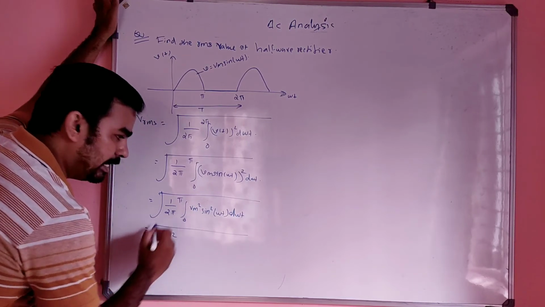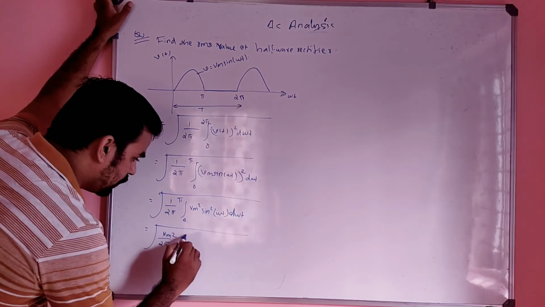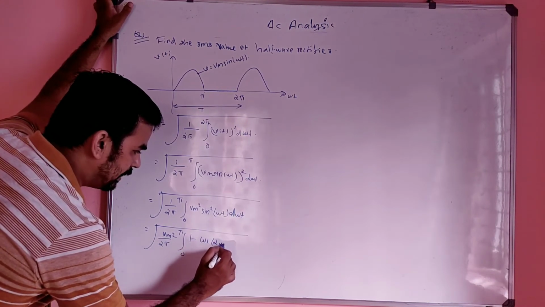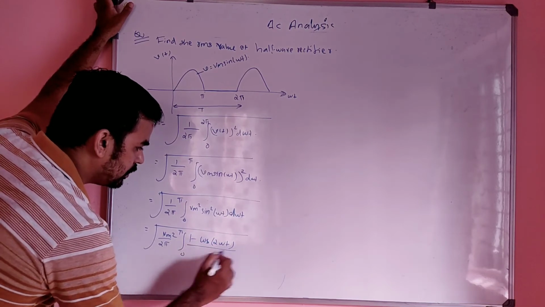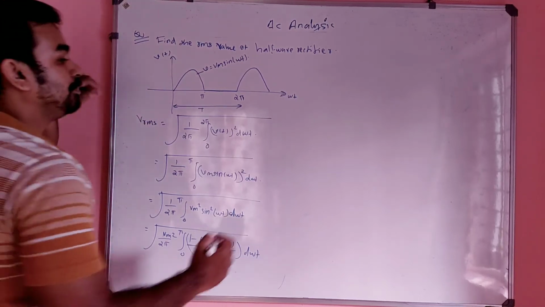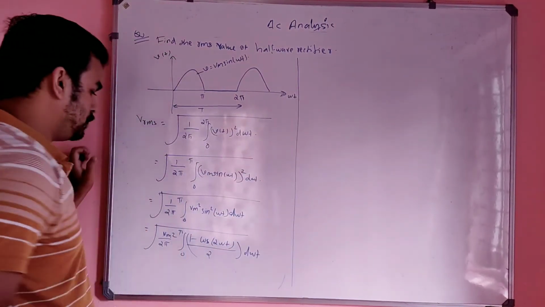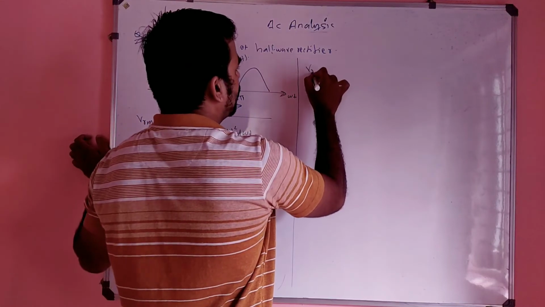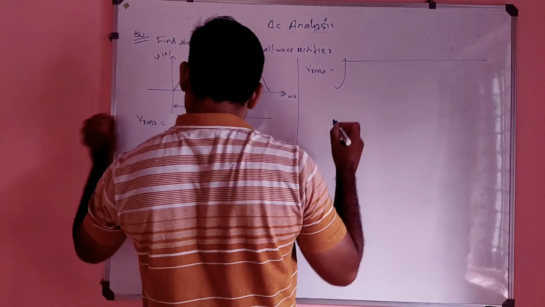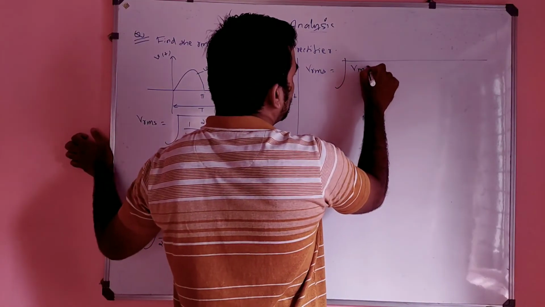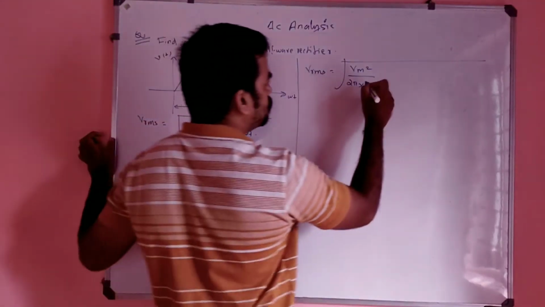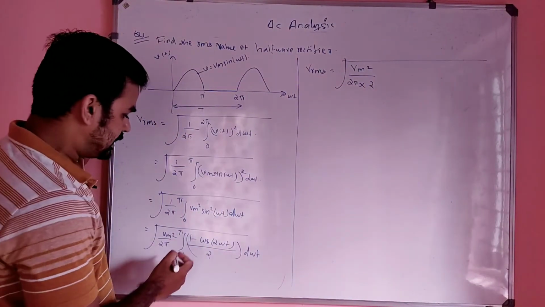Vm square you can take outside, or you can convert sin square as 1 minus cos 2 omega t divided by 2. Correct or wrong? Yes, correct. So VRMS will be equal to root of Vm square divided by 2 pi, and this 2 you can take outside here also, so into 2 also there.